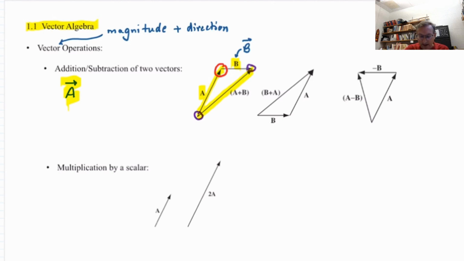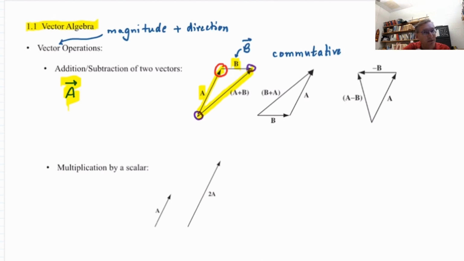Now, one nice thing about addition of vectors is that it is what's called commutative. Write that word out. That means the order in which you add two vectors doesn't matter. I can take vector A and vector B and add them as A plus B, and that's the first drawing I just talked about.